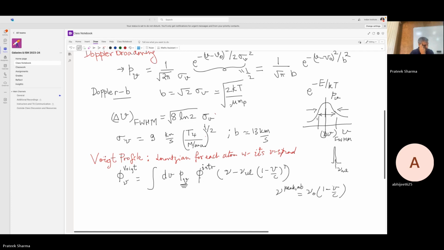So it's a convolution of a Lorentzian and a Gaussian. This is a function of V, and this is also a function of V, but shifted. So it's a convolution.